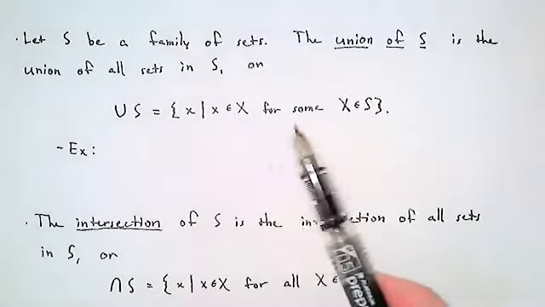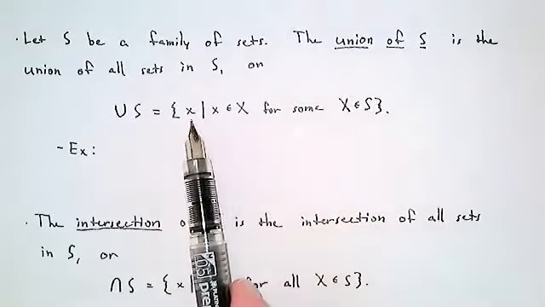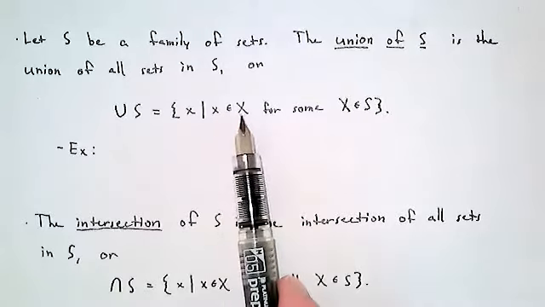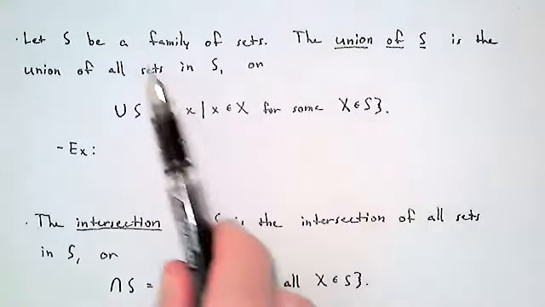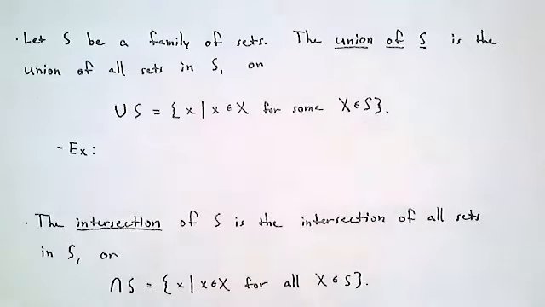And here it is in set builder notation. It's the set of x such that x is in one of the sets, capital X, that lives in the family S.